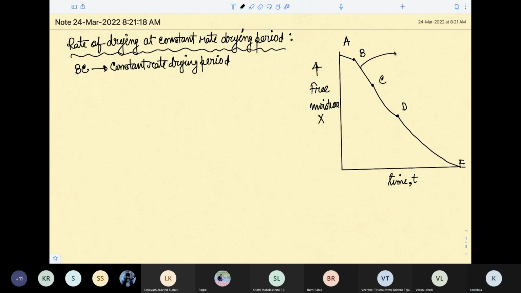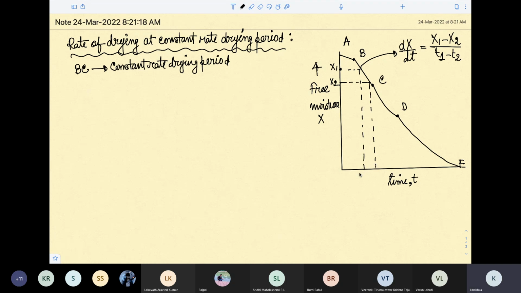That means dX by dt is the rate of moisture removal. If you take any two points, it is (X1 minus X2) divided by (t1 minus t2). So let's say this is X1 and this is X2, and the corresponding times are t1 and t2.